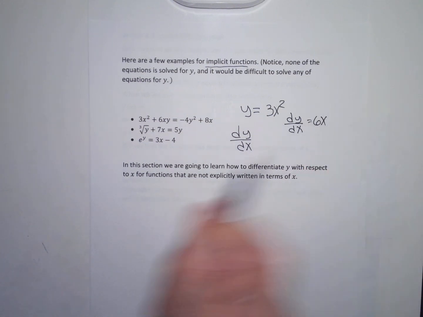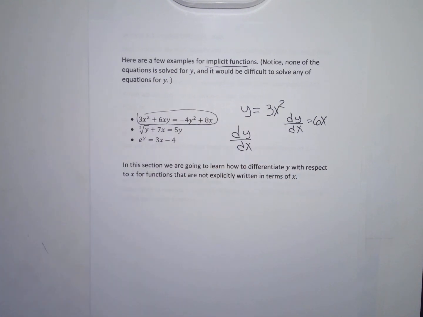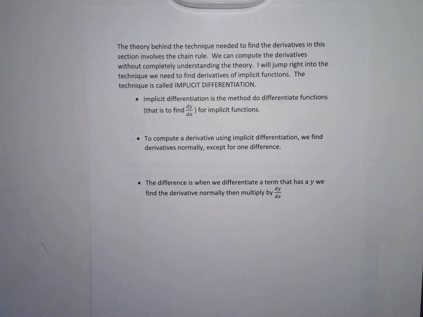Now we're going to learn how to find dy dx for functions that aren't solved for y using something called implicit differentiation. The theory behind the technique is kind of heady, but we can find the derivatives without completely understanding the theory. So I think I'm going to jump into the technique of implicit differentiation.